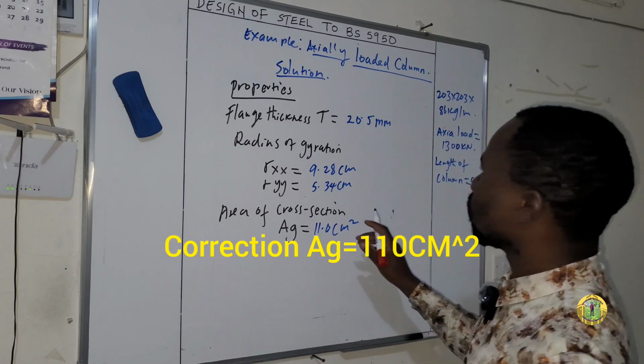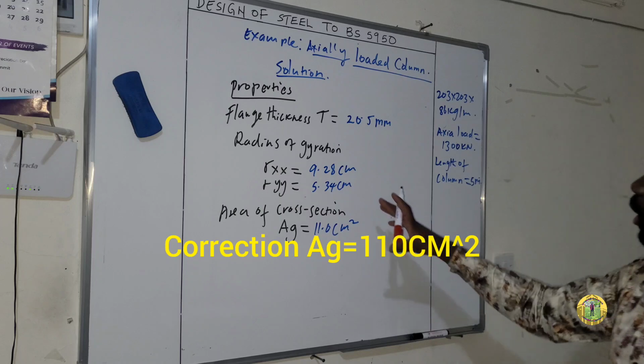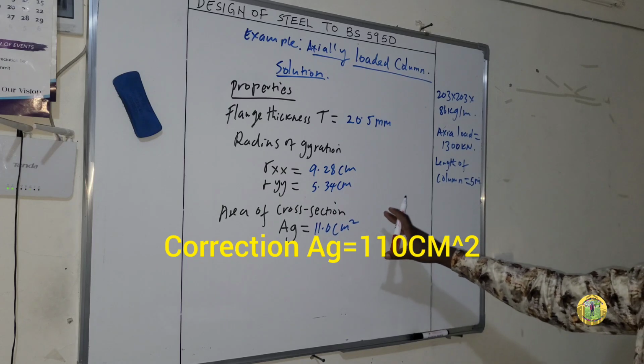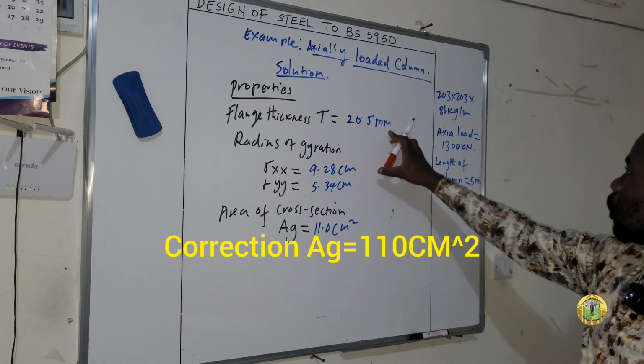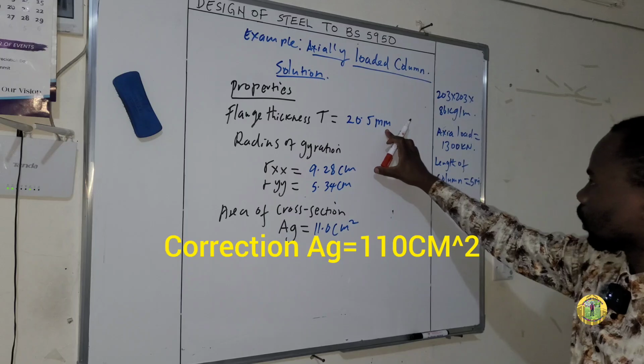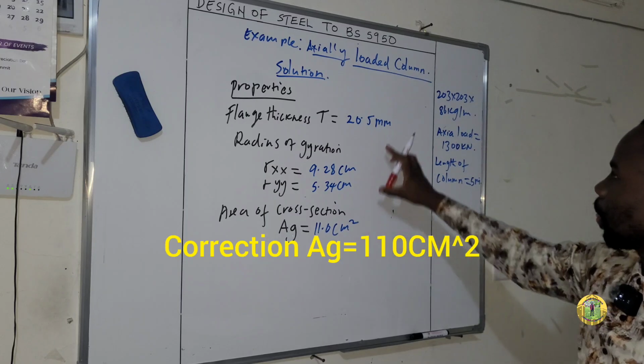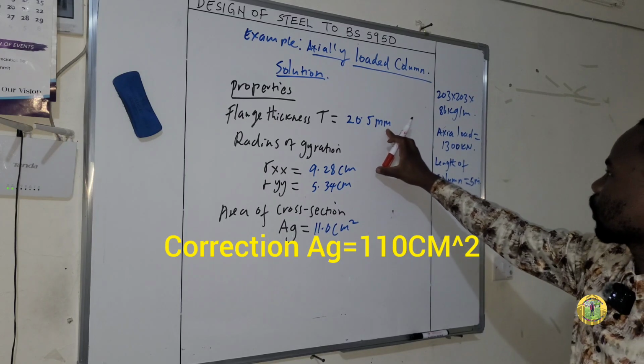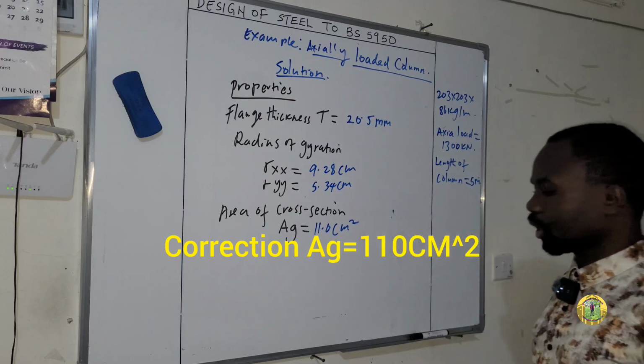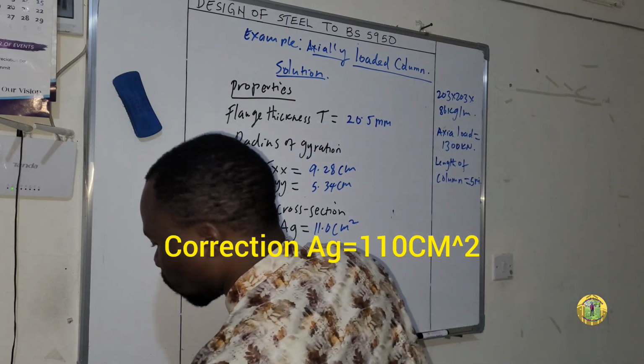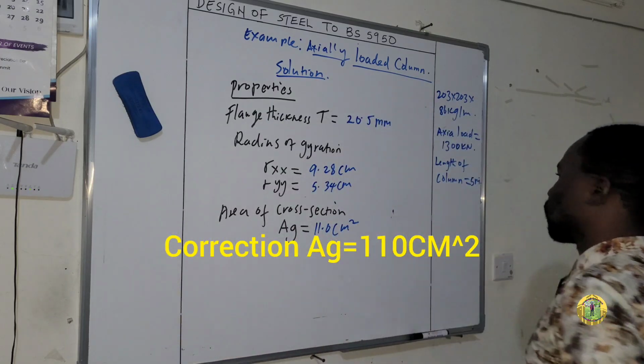So remember, when obtaining these values, note the SI unit because they are not the same. We have others with millimeter and others with centimeter. So be keen on that.